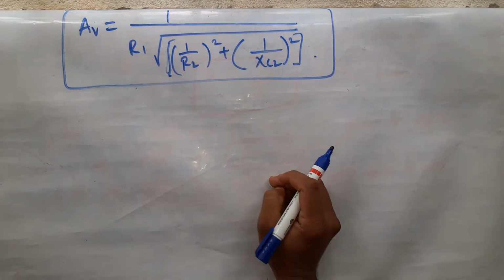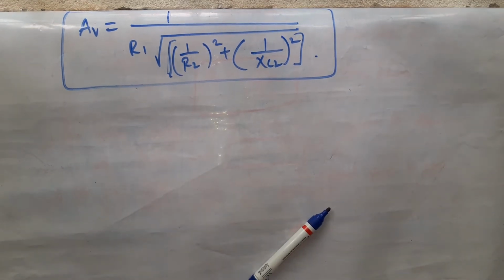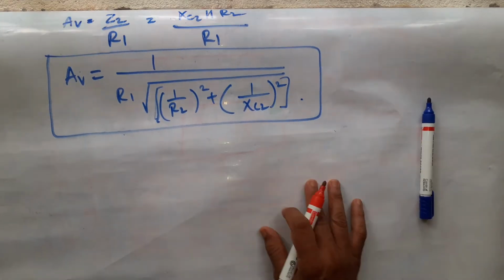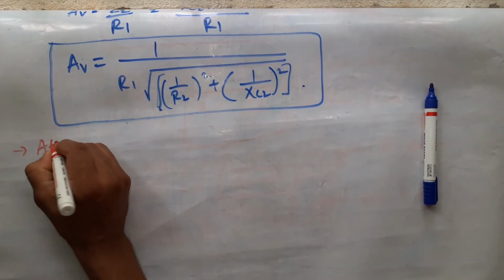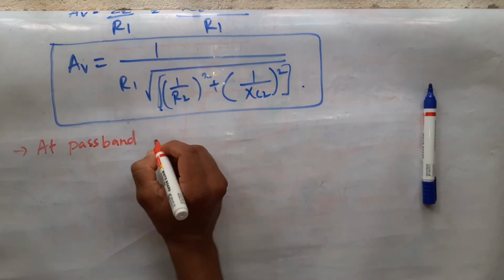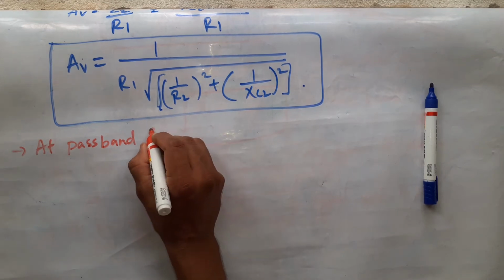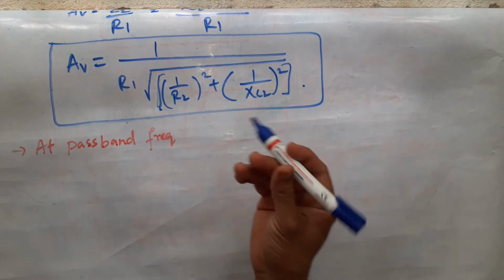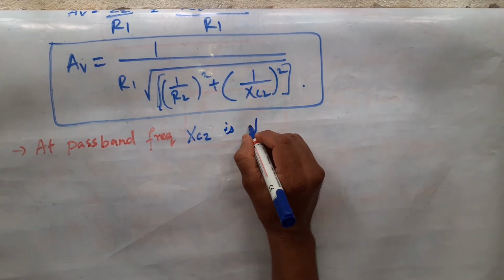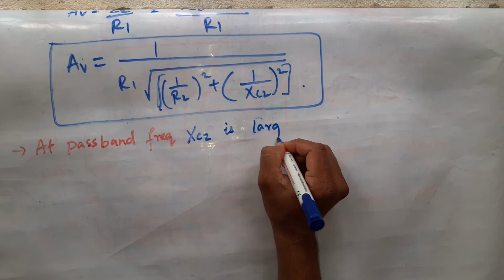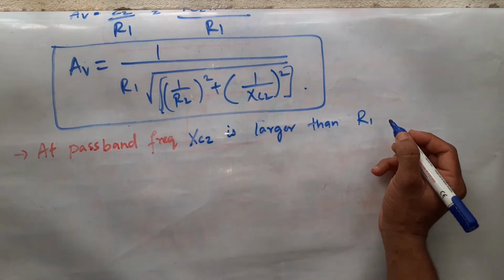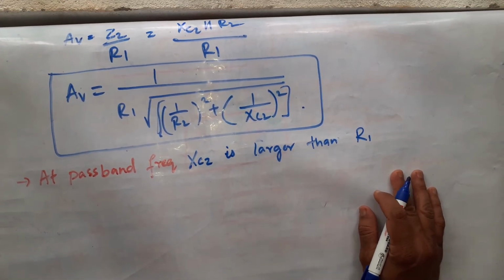Let us see what happens at pass band. At pass band, the frequency XC2 is larger than resistor R1.